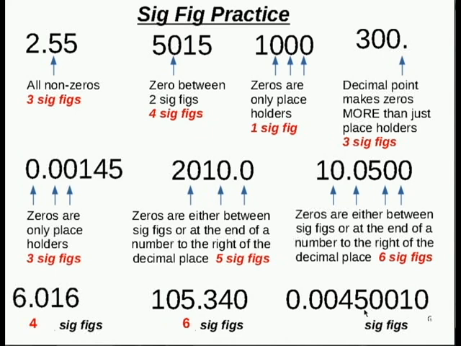These 2 zeros are significant because they're in between 2 significant figures, and this zero is to the right of the decimal place at the end of a number, and so it is also significant. It's telling me that I measured all the way out here, and that value happened to be 0. So this number has 1, 2, 3, 4, 5, 6 significant figures.